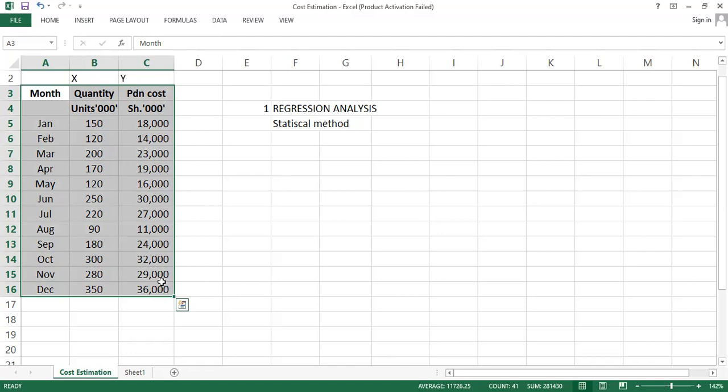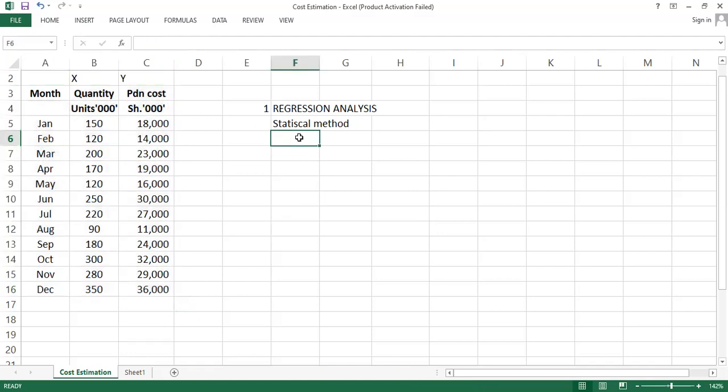A plus bx. Of importance, remember, in coming up with the equation y is equal to a plus bx, we determine the value of a, and also determine the value of b. So the question is, how does regression analysis compute a and b?